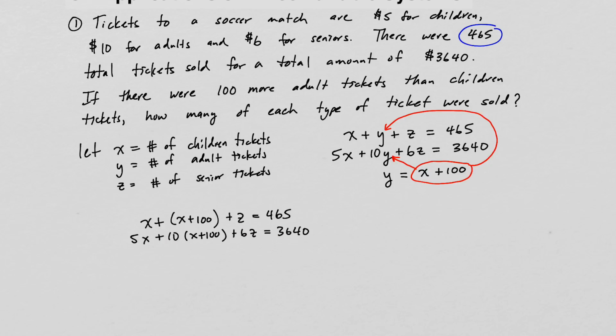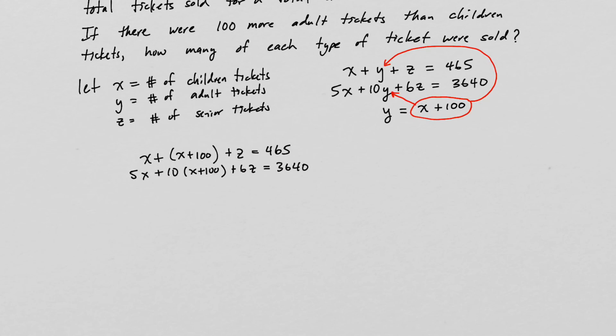Now we just need to simplify each one of these equations. So if I remove the parentheses here in the first equation, x plus x is 2x, plus 100, plus z equals 465. And the second equation, if we distribute here, we end up getting 5x plus 10x plus 1,000 plus 6z equals 3640.